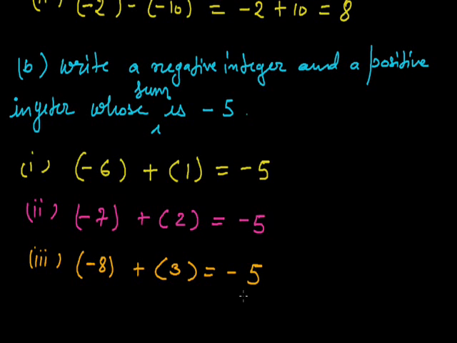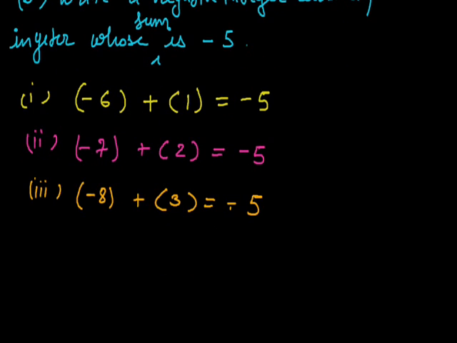Since you want the value to be negative, the integer with the negative sign should be greater so that we get the negative sign, and the positive integer will be smaller so that it will not give the positive sign. Here we wanted the negative sign, that's why we have taken the negative integer with a greater value.